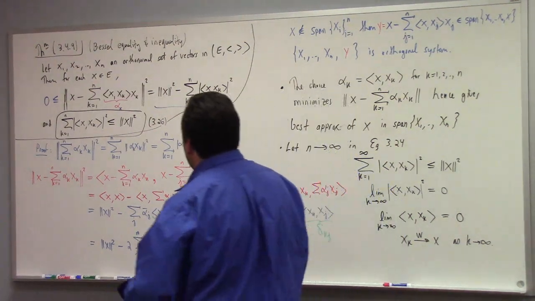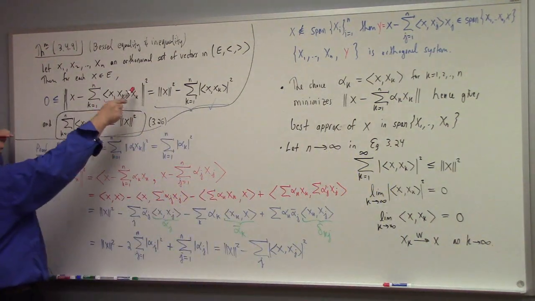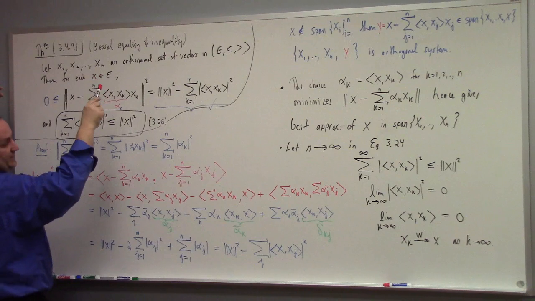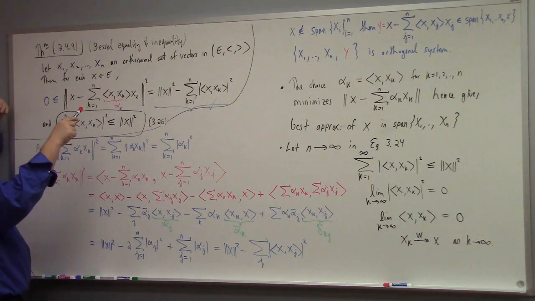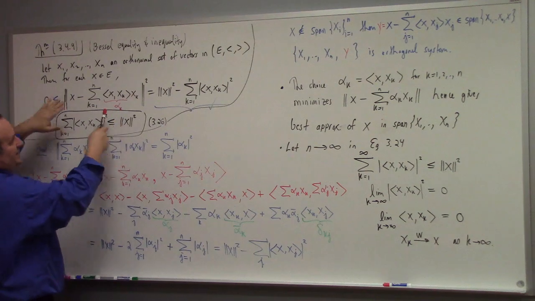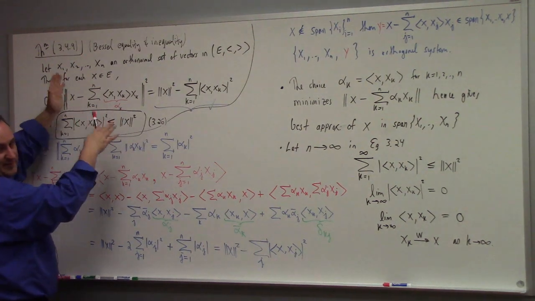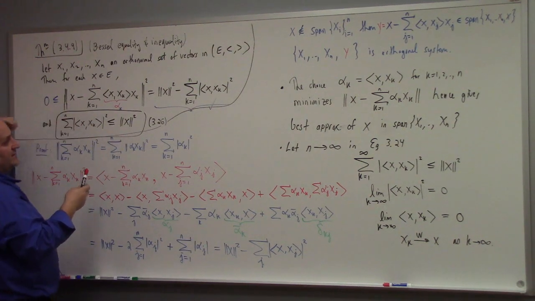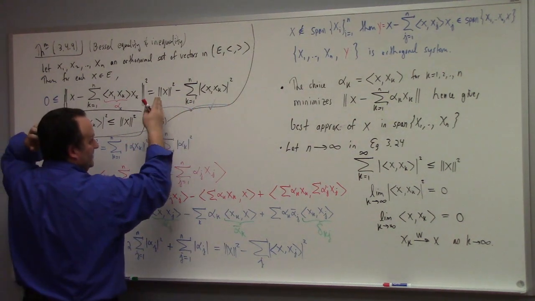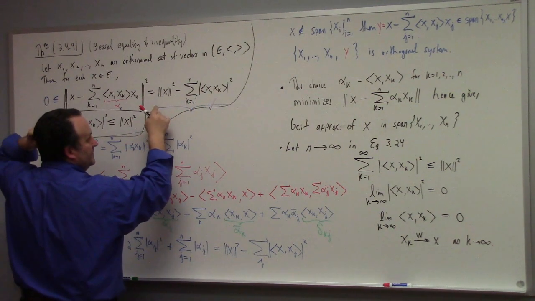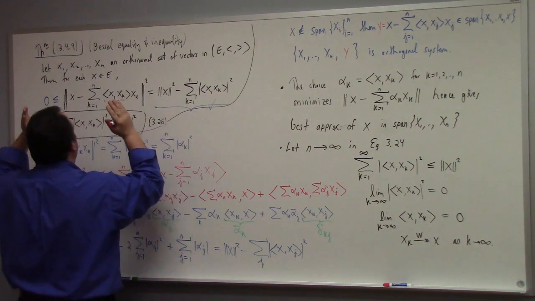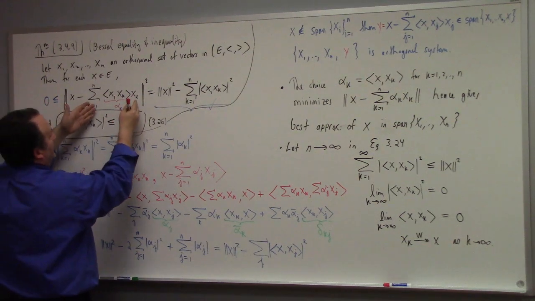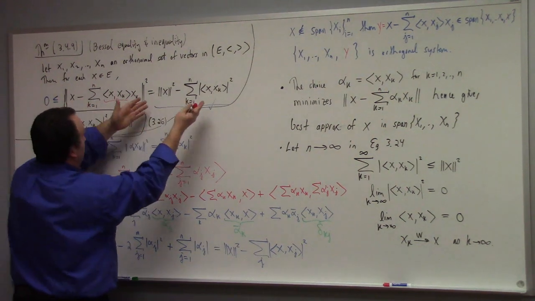So this is the nth partial Fourier sum. And as the Fourier series goes on to infinity, this is like the nth Fourier approximate. And this formula says that the error in approximating x with this Fourier sum is equal to this.